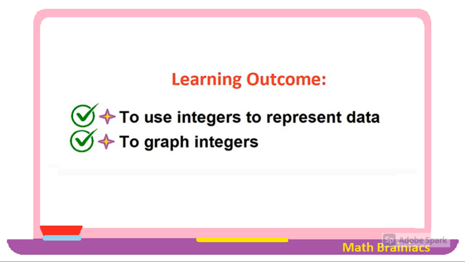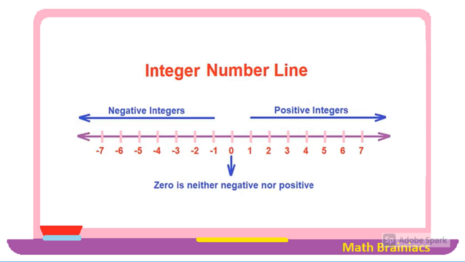Correspondingly, we have met our goal for today's lesson. We have learned how to use the integers to represent data, and we have learned how to graph integers. Just remember, the numbers after 0 going to the right are all positive integers, while the numbers after 0 going to the left are all negative integers, and 0 is neither negative nor positive.